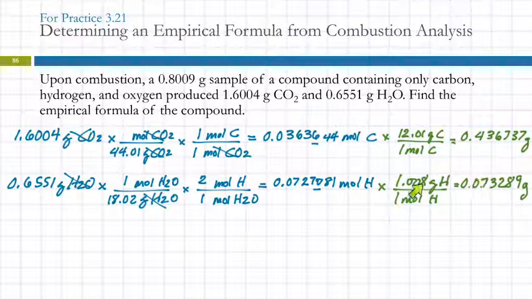This is the mass of hydrogen in that sample. Do these two masses add up to 0.8009? No, because what's missing is the oxygen. So we find the mass of the oxygen by subtraction.